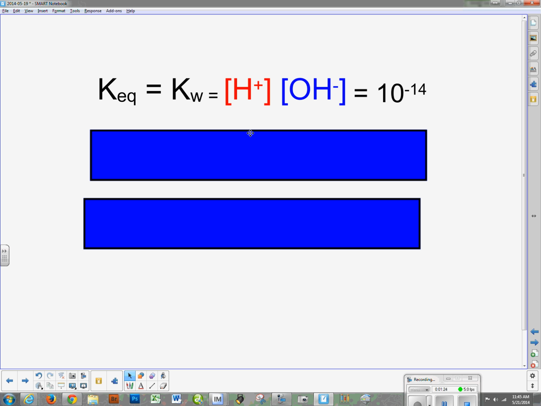When water ionizes, it forms hydrogen ions and hydroxide ions. And as such, when we get the concentrations of each and multiply them by each other, it comes out to a constant value of 10 to the minus 14.